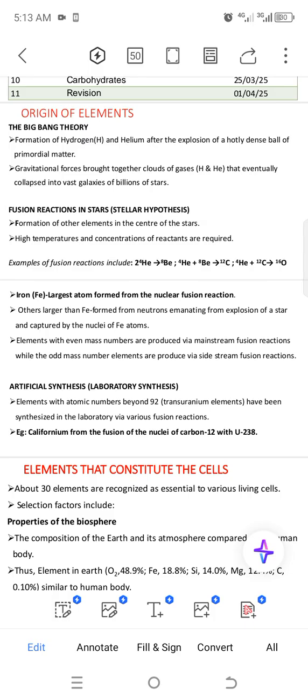Also, primordial matter can be defined as the matter that existed in the early universe, consisting of light elements like hydrogen and helium, formed shortly after the Big Bang, or the fundamental substances in various philosophical and religious traditions. So you can search more about primordial matter to get more insights on what you are talking about.